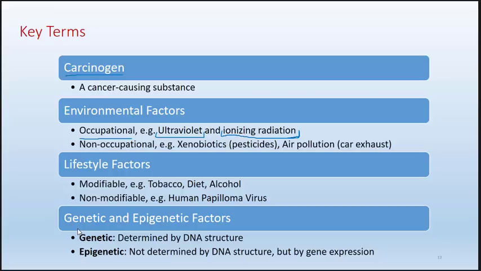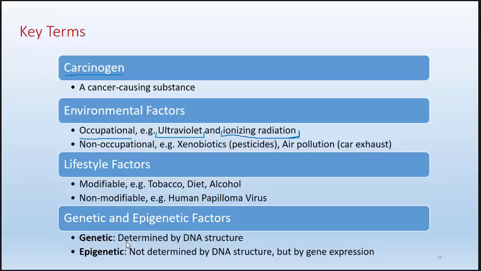And then there's genetic and epigenetic factors that can contribute to the development of cancer. So there's genetic, which is determined by your DNA structure, but then there's epigenetic. And epigenetics is the study of heritable changes in gene expression, but it doesn't involve changes to the underlying DNA sequence.